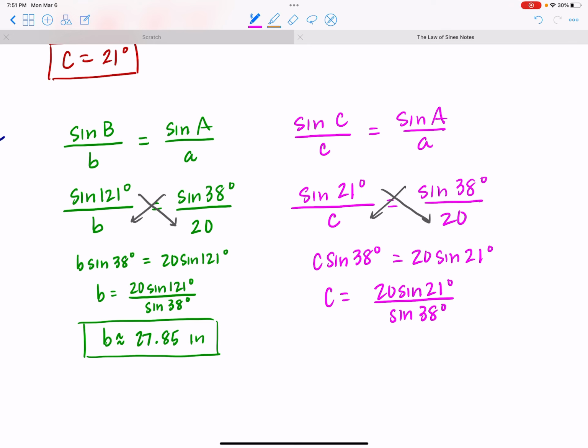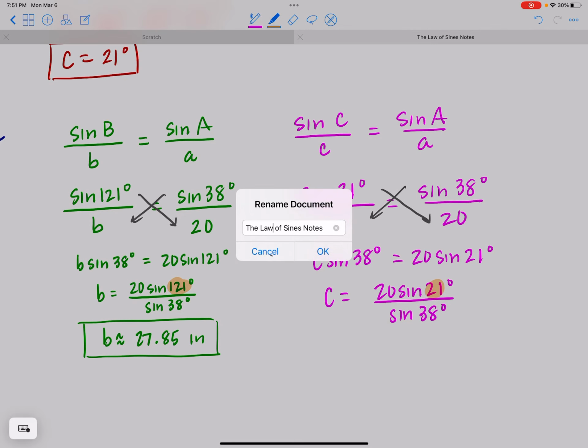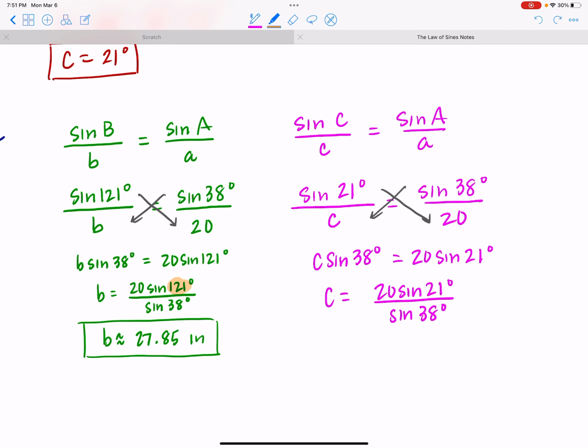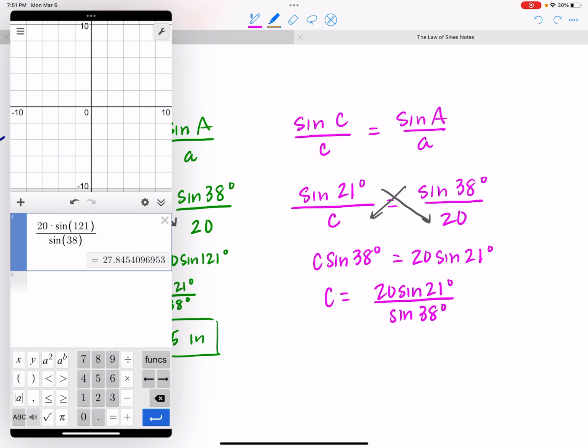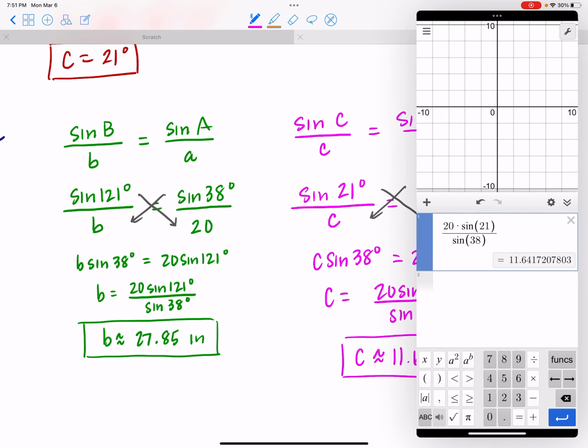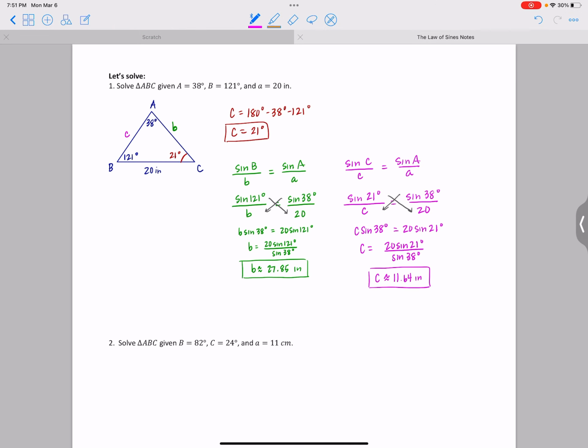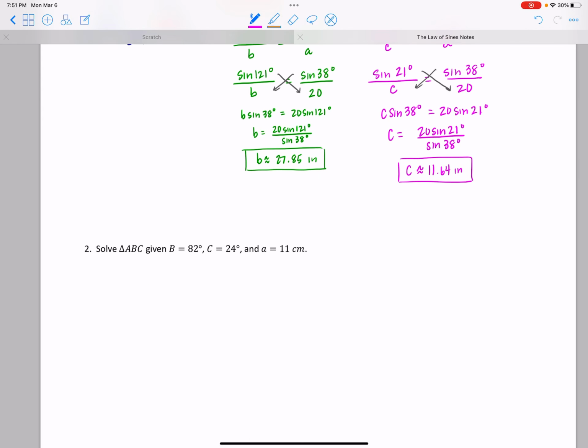So the only thing that's changing from this version to this version is that angle, because we're focused on a different angle. So into my calculator, I just need to change the 121 to 21, and then I get about 11.64. So we'll say side C is approximately 11.64 inches, and we have done it. We have found all of our missing components. So this triangle is solved. We've got all three angles, all three sides.